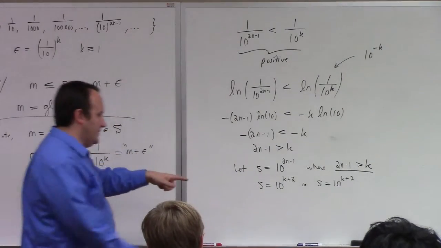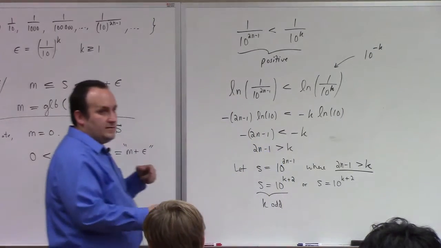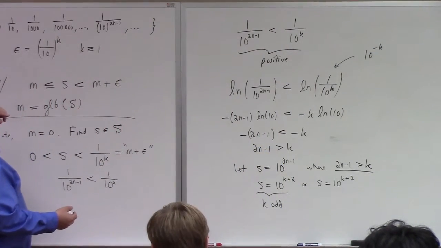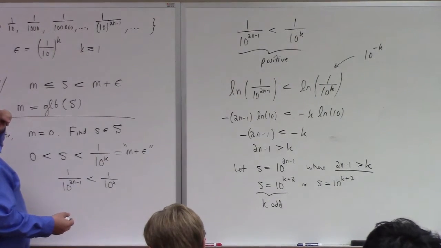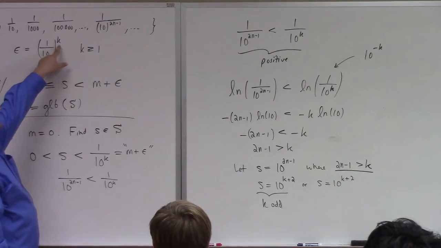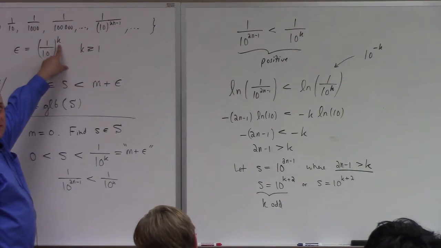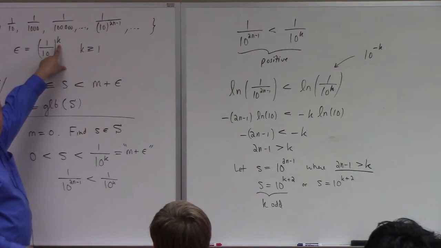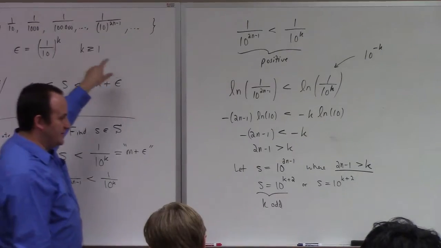If k is odd, think about it, for example, if this was 5, then if I do k plus 2, I get 1 over 10 to the 7th. That's a number that's between the fifth power and the 7th and 0. But I have to add 2 if k is odd. If k is even, what do I have to do?